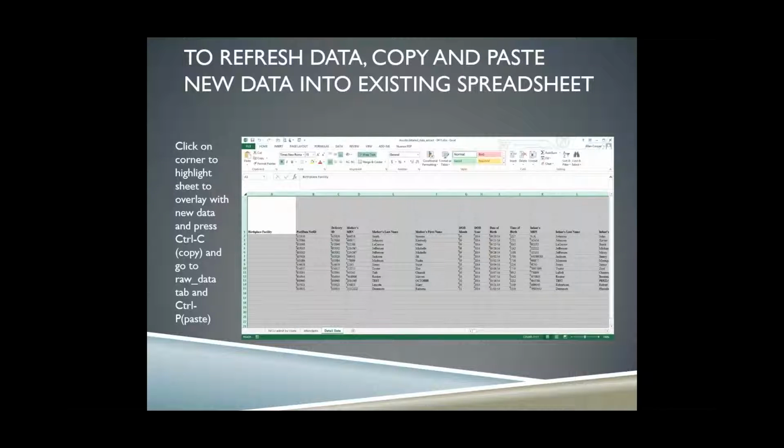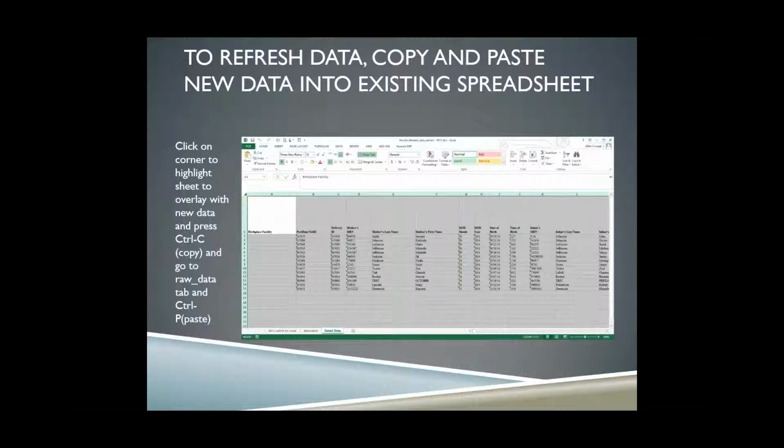And then the last piece is to refresh your data. This is the same as when you do it for pivot tables. You basically click on the corner of the Excel, the left-hand corner by the A and the 1, and that highlights the whole sheet.